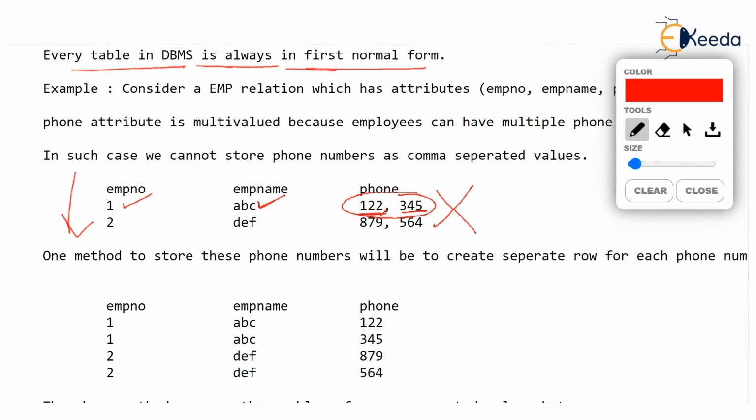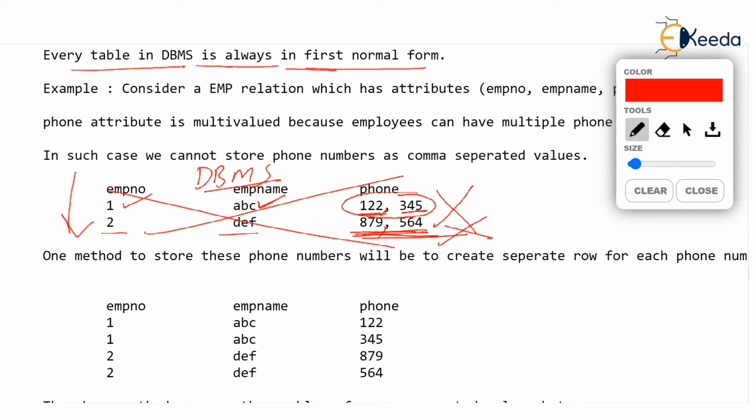If a person like 2 DEF has multiple phone numbers, how can you store phone numbers separated by commas? Every student in third or fourth year knows that if you store values like this, some other day, if you want to retrieve these phone numbers, you will have a lot of trouble, because you will have to search for commas in that line and then separate out the phone numbers. This is a poor way of storing. And believe me, DBMS doesn't allow this. That means the table that I have drawn itself is wrong.